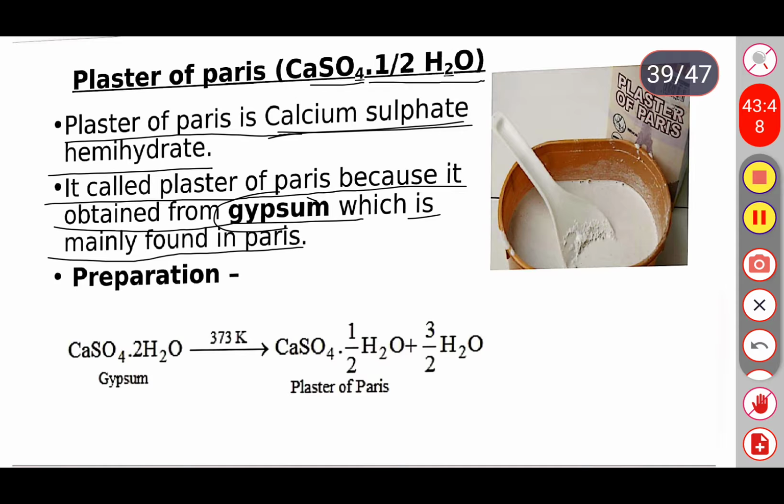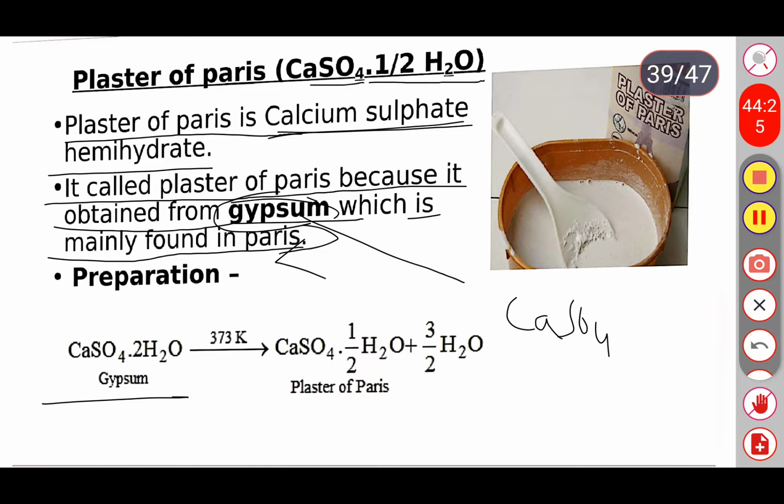So see the process of preparation of plaster of Paris. Gypsum is calcium sulfate dihydrate. The molecular formula of gypsum, this is a most important formula, is CaSO4 2H2O.